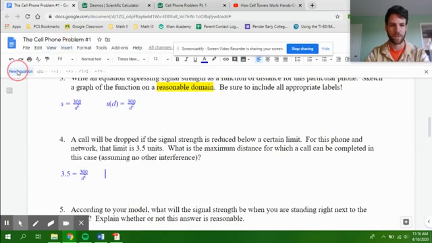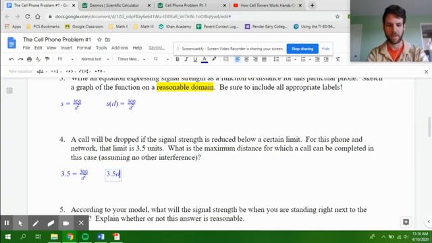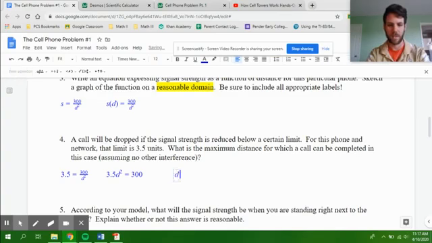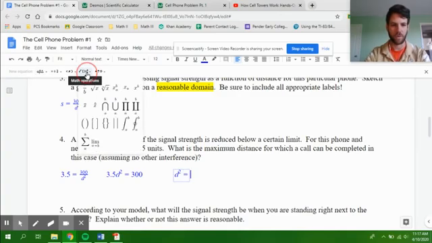So the first thing we do is multiply both sides by d squared. And so let's put that equation in first. So then we would have 3.5 d squared is equal to 300. And then we would divide both sides by 3.5. So let's put that in. So we have d squared is equal to 300 over 3.5.